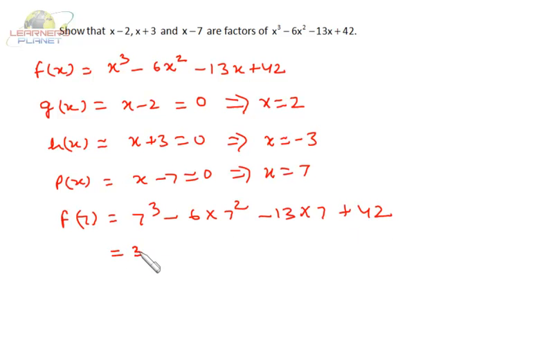So it's 343 minus 6 into 49, that is 294 minus 91 plus 42. So further it is 0. That means even x minus 7 is a factor of x cube minus 6x square minus 13x plus 42. So quite simple question.